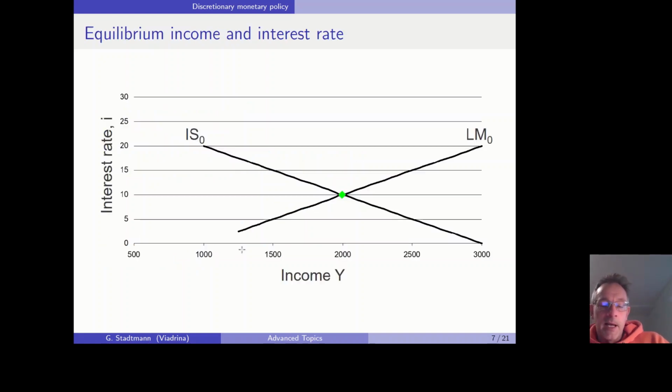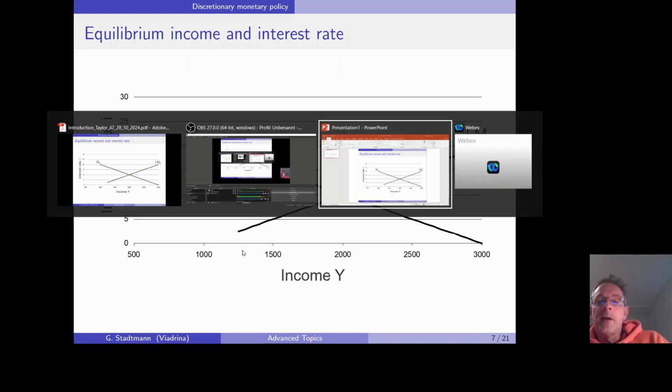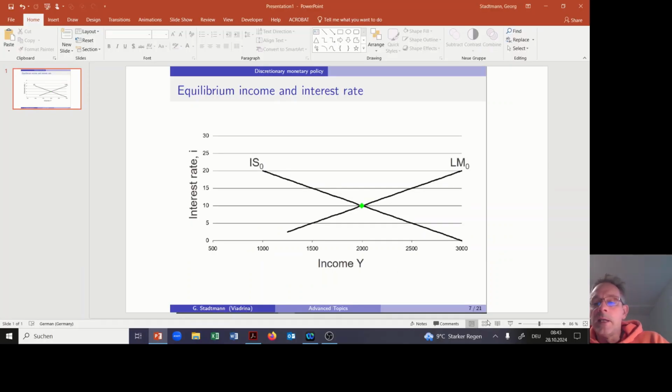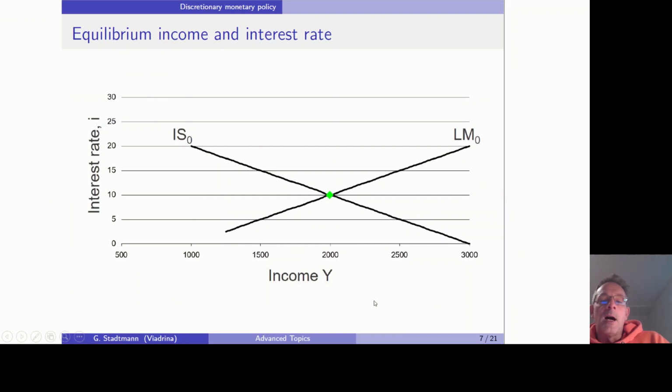So let's analyze this in the interest rate income diagram. Once more, we have two equations, the IS equation and the LM equation, like the goods market equilibrium condition and the money market equilibrium condition. We display these two equations in a diagram as the IS curve and the LM curve.